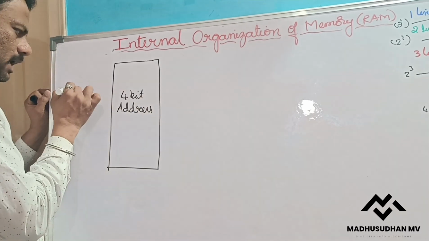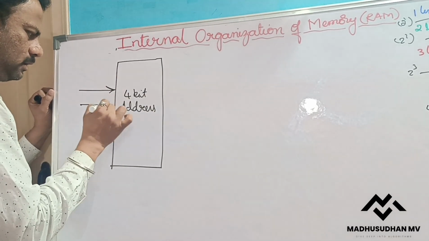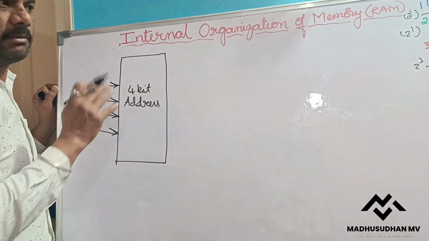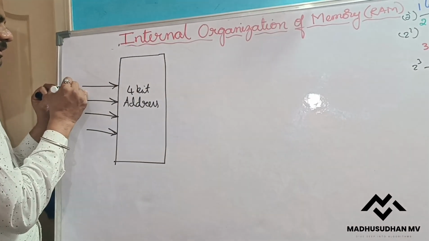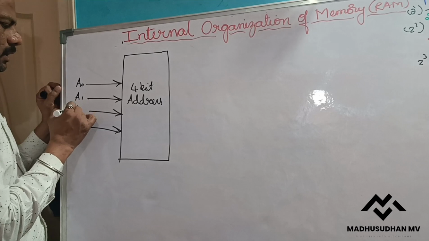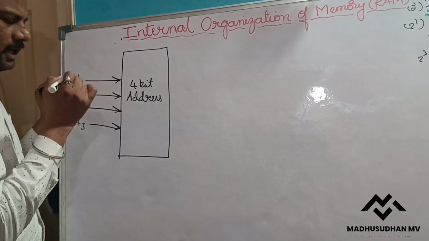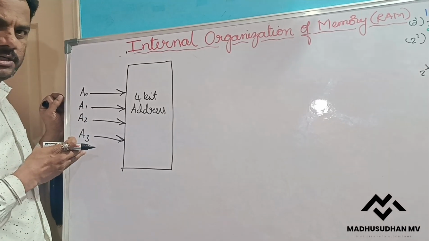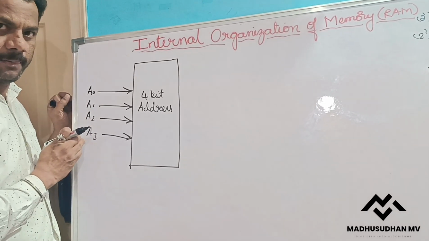Now I am passing a 4-bit address, so there are 4 lines. I will name these A0, A1, A2, A3. We can name them whatever; I'm just using a naming convention. I use A0, A1, A2, A3.